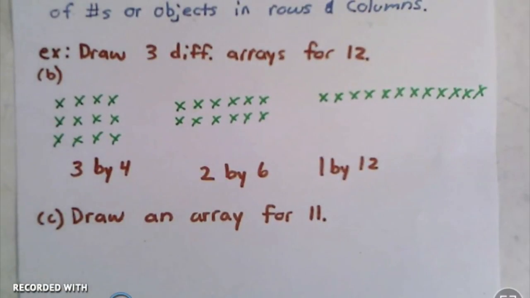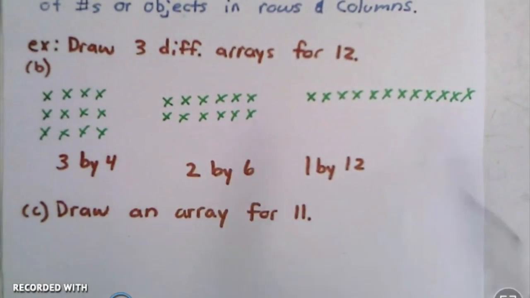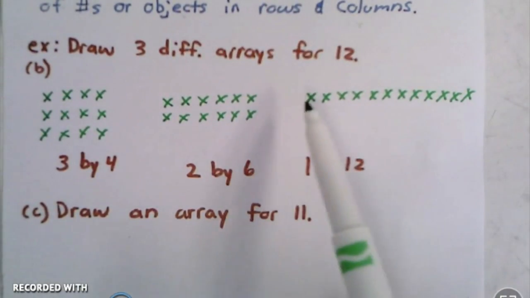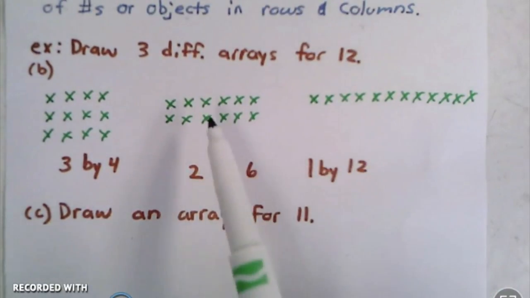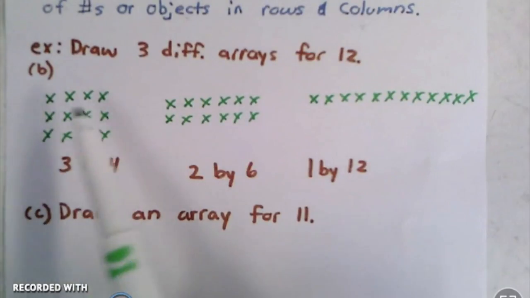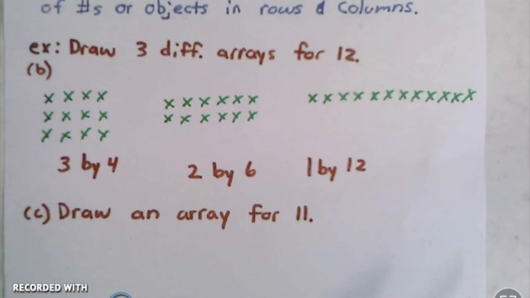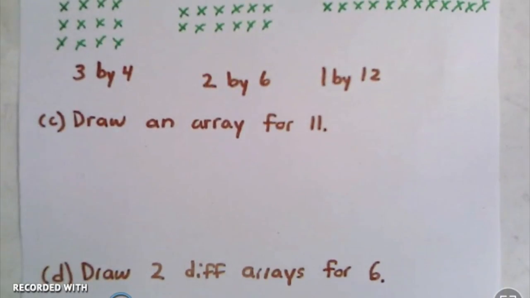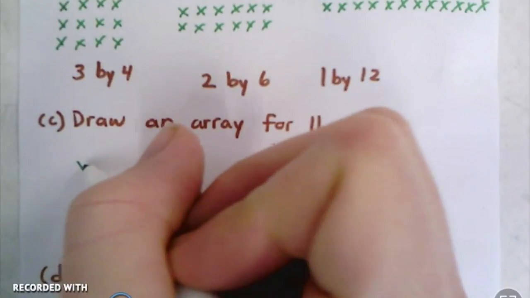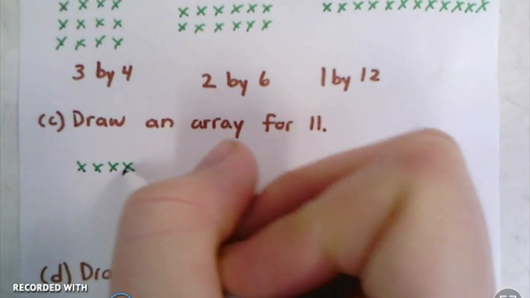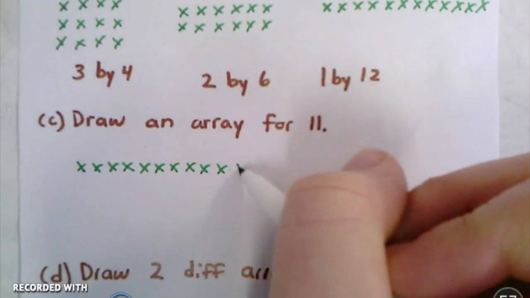Now, for a prime number, the only type of arrays you'll ever be able to draw are straight lines like this one. For a composite number you can also draw a straight line array, but there are also options that make more rectangular shapes that aren't just a straight line. If I were to draw an array for 11, I could do 1 by 11: 1, 2, 3, 4, 5, 6, 7, 8, 9, 10, 11.